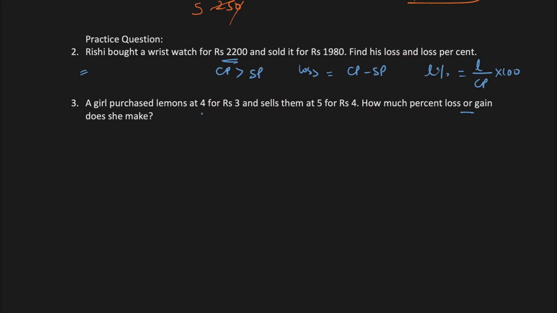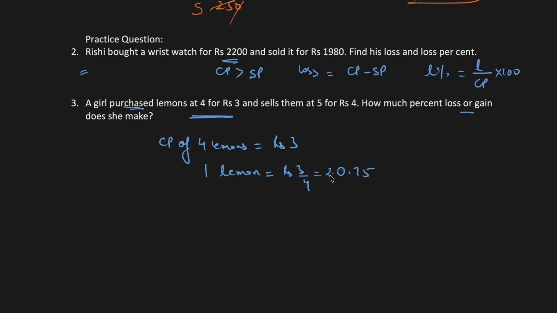Unitary method means here you see the cost is given as purchase means CP again. So CP of 4 lemons is given to you, correct, which is rupees 3. So calculate CP of 1 lemon from this. Here we will calculate for 1 lemon. So that will be how much? Rupees 3 by 4. You can use fraction also or you can convert it into decimals also, students, right?